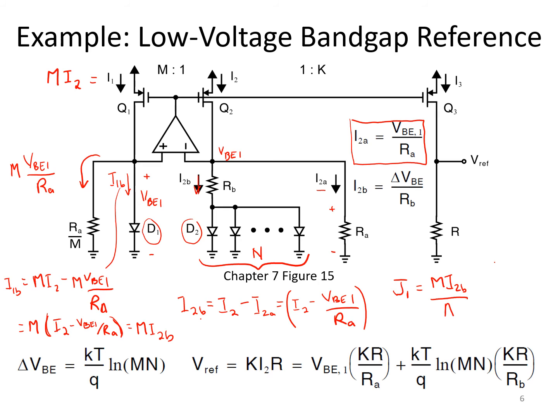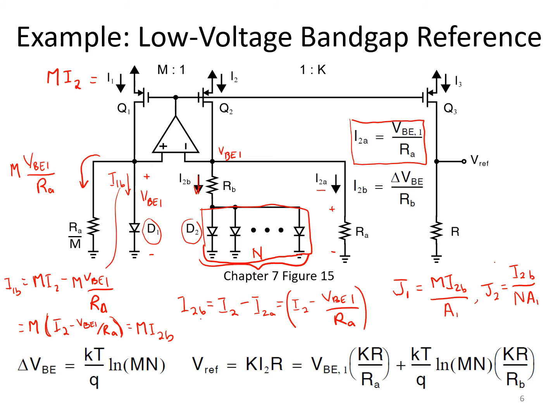Let's call it A1. Whereas the current density through diode D2 is the current flowing through it, I2B, divided by its area, A2, which is actually N times A1. Because again, we're using D2 to refer to the N parallel combinations of copies of D1.